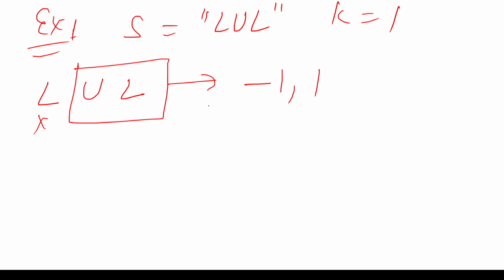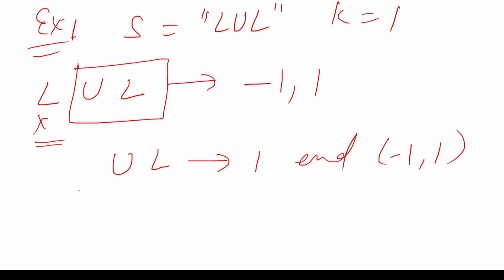Why? Because the left we have removed, and we are initially at 0, 0. So if you remove the left, from U and L we'll move to the end, and that is -1 and 1, correct?